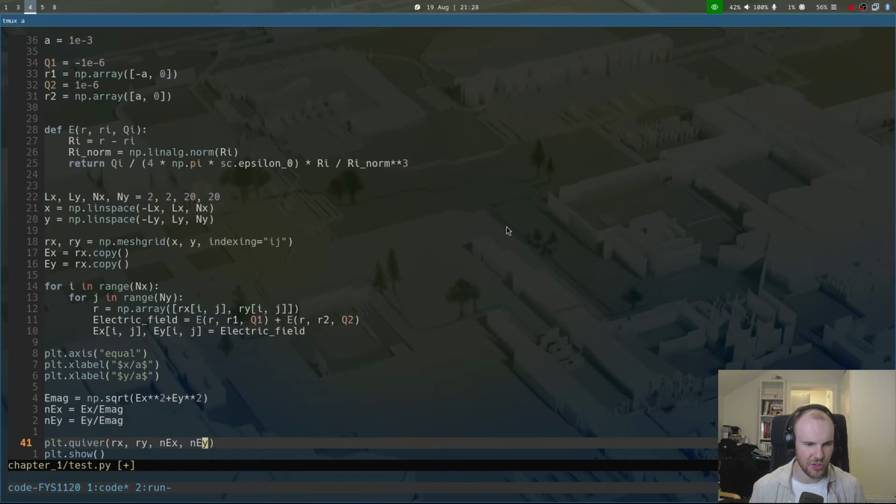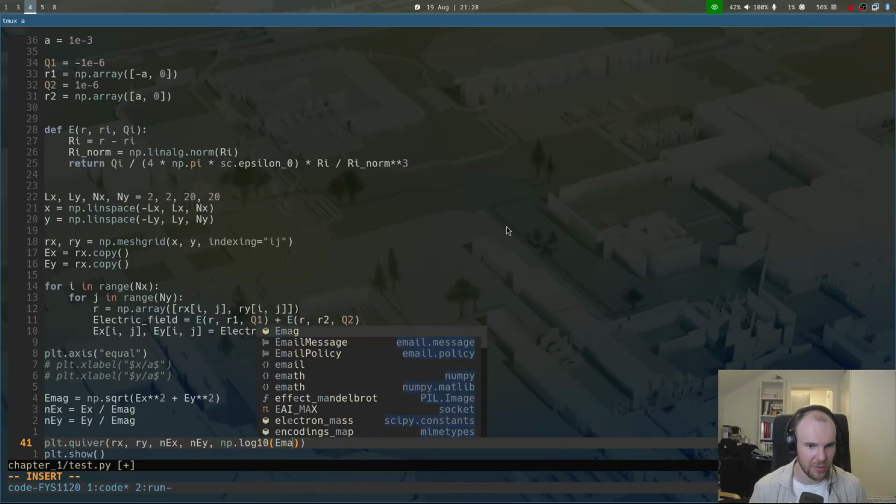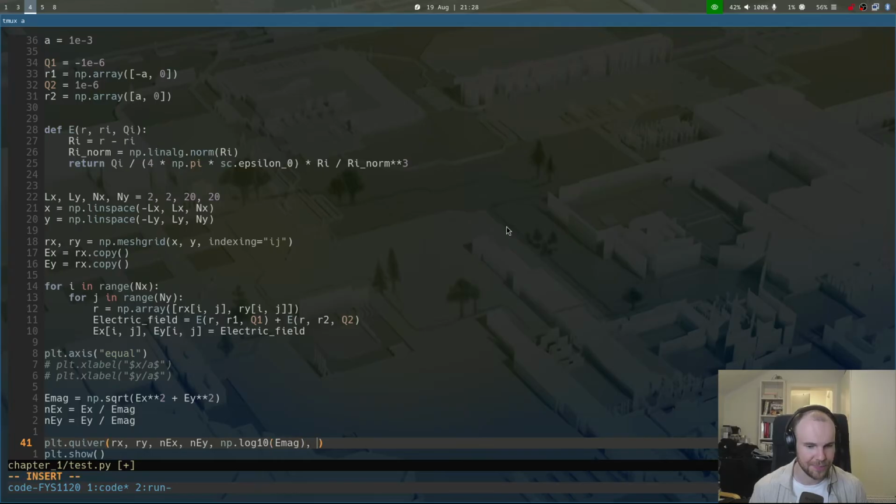So these are just going to be unit vectors, and we can remove this. And we can set some scaling for them. Since the differences are so small, you should affect those differences more, and you do that by using the logarithm. So I just use the logarithm of E magnitude as my scaling.